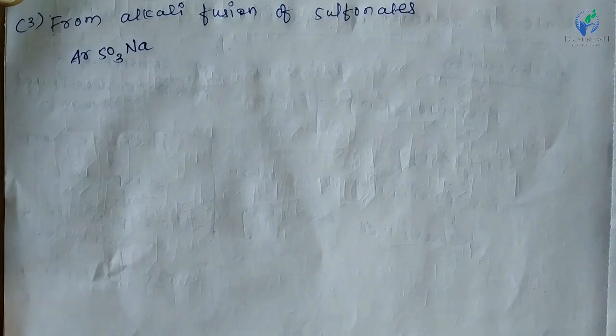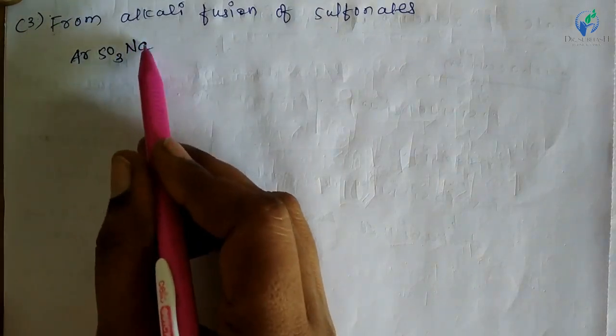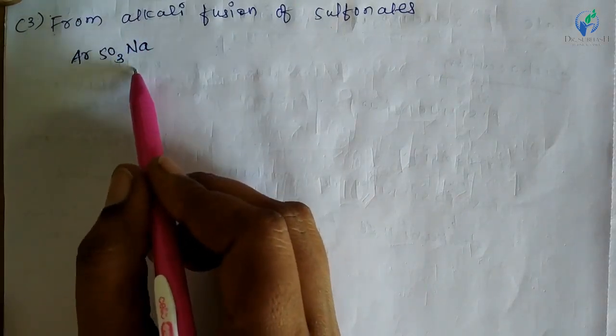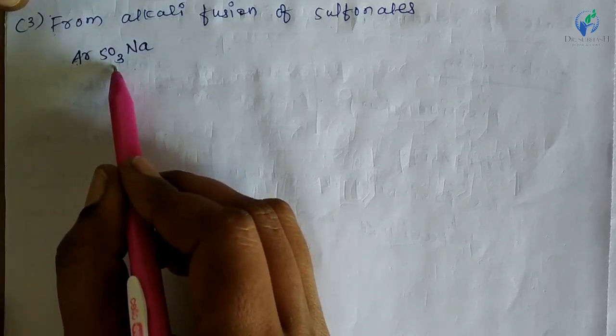ArSO3H is aromatic sulfonic acid. Here in ArSO3Na, H plus is replaced with Na plus, sodium. So it is a sodium salt of aromatic sulfonic acid.